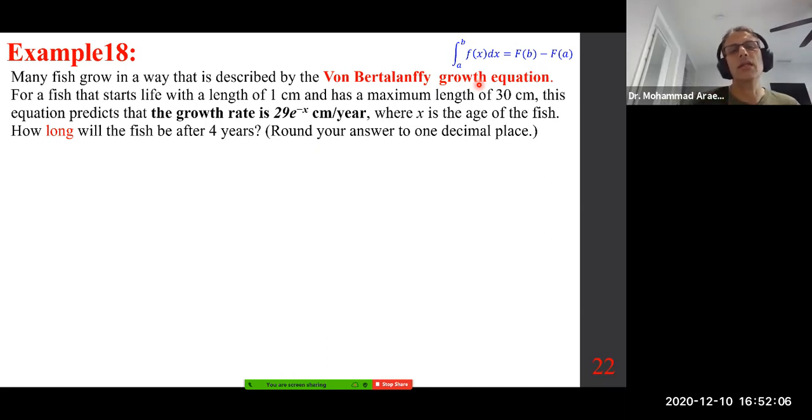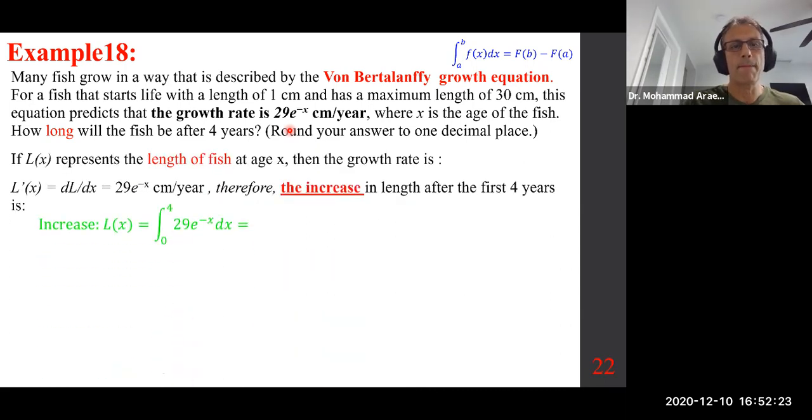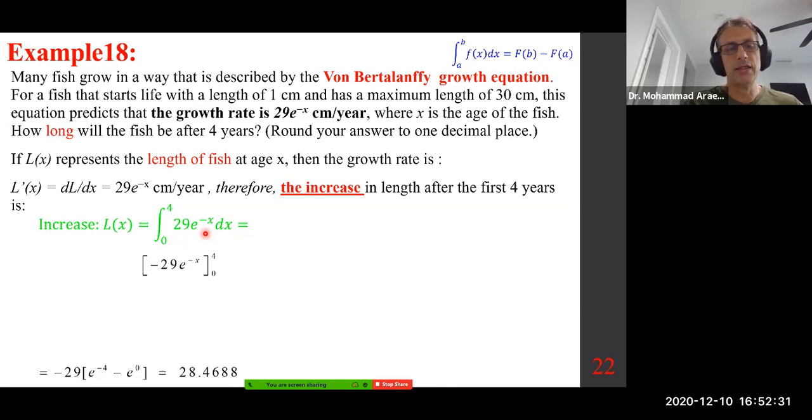Basically, if capital L of x is the amount of growth, then L prime of x is the rate of increase. We are going to integrate that from 0 to 4. This integration becomes minus 29 e to the power minus x, from 0 to 4, just plug in.